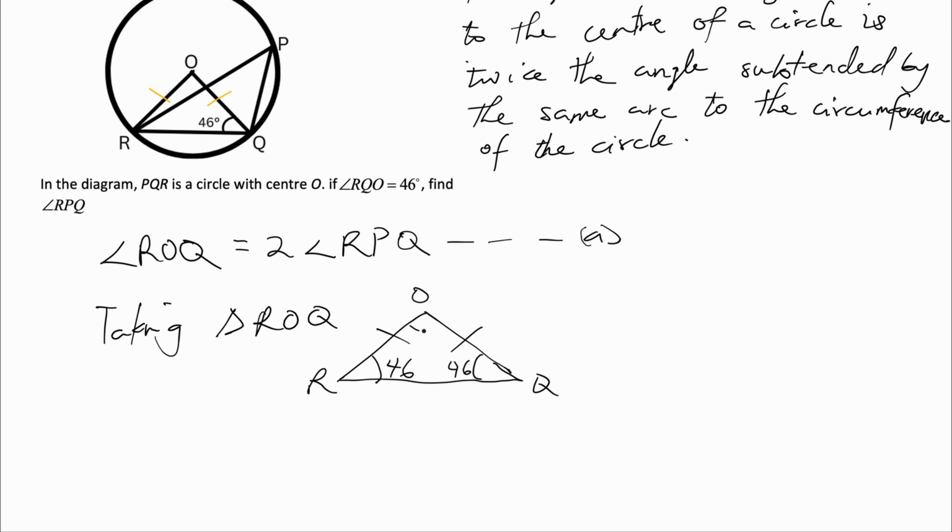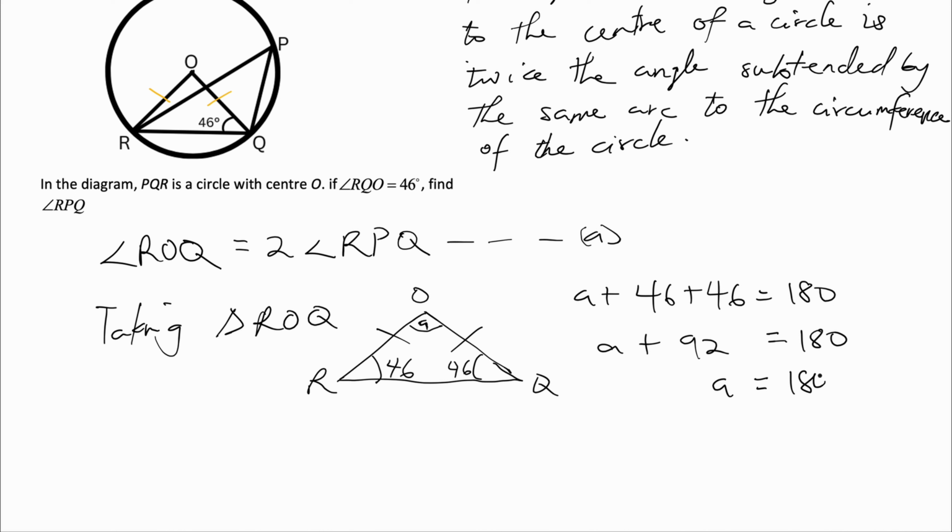We don't know this angle, so let's say it is A. So A plus 46 plus 46 is equal to 180. A plus 92 is equal to 180, so A is equal to 180 minus 92. So A is equal to 88 degrees.